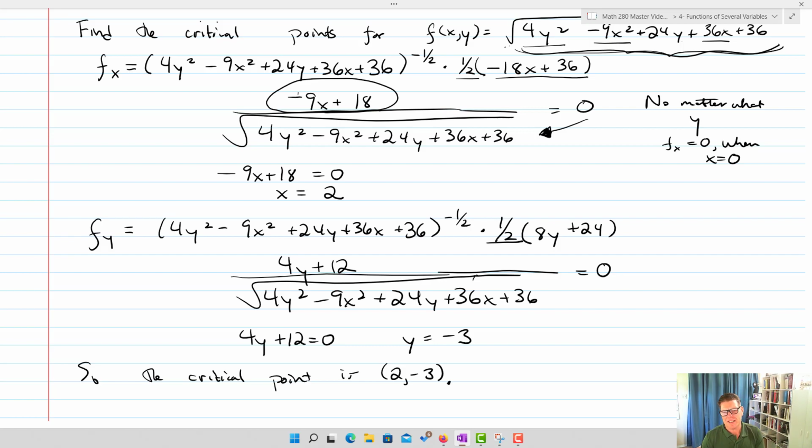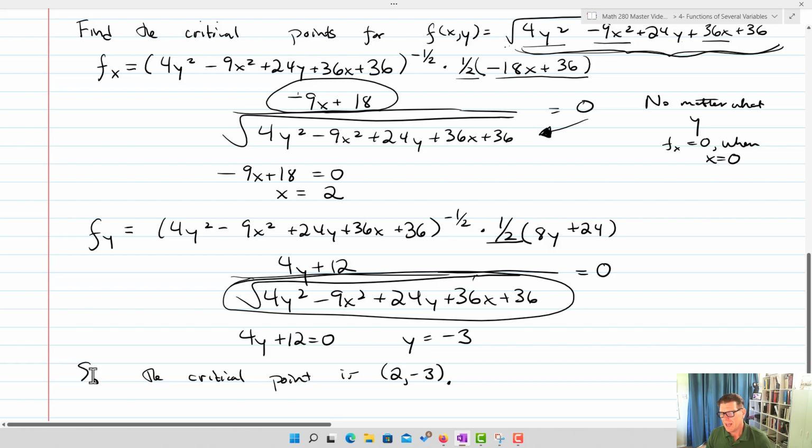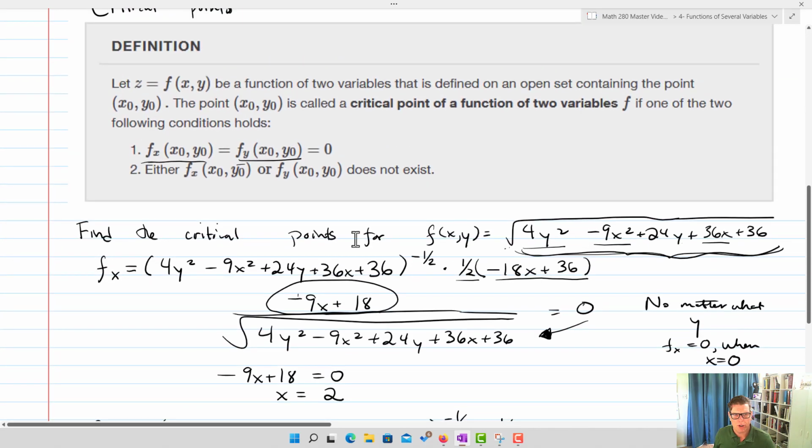We actually have to consider one other example here, and that is what happens when 4y squared minus 9x squared plus 24y plus 36x plus 36 equals 0 as well. The reason we have to consider that, and it's really important, is because if that equals 0, we actually have the second condition for our critical points being upheld. That is that one of the partials does not exist.